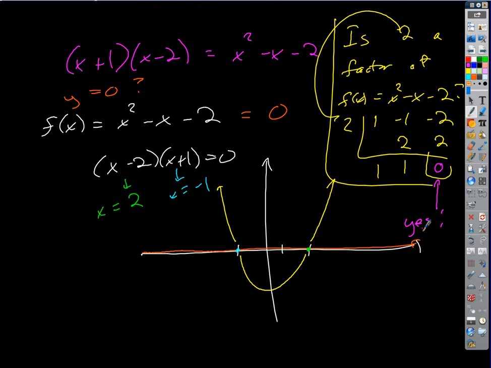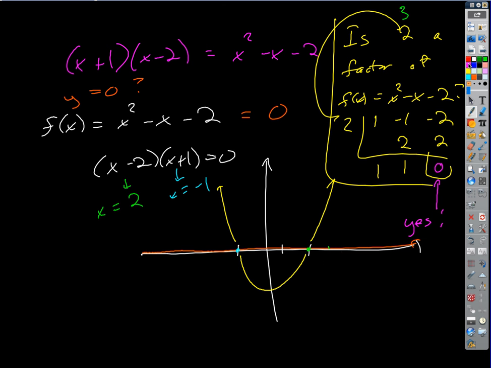What if it wasn't? What if we had checked a value like 3? Is 3 a factor? If I plugged 3 in here, I would not have gotten 0, would I? How come?